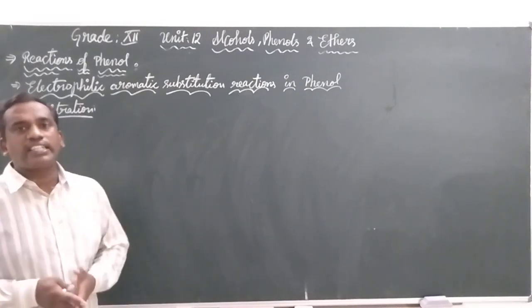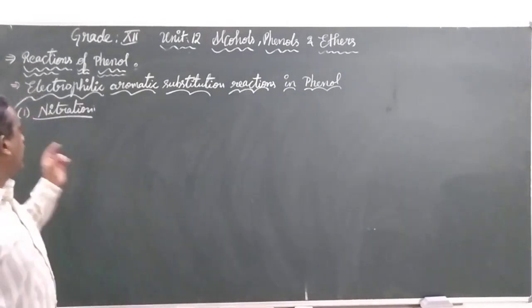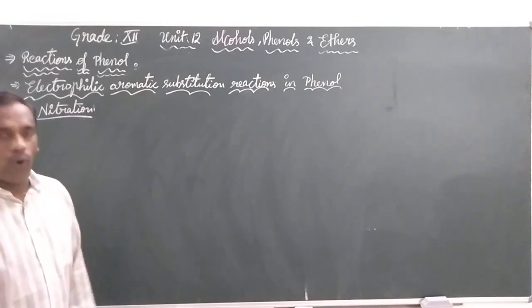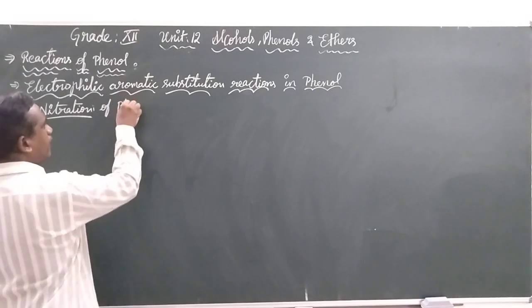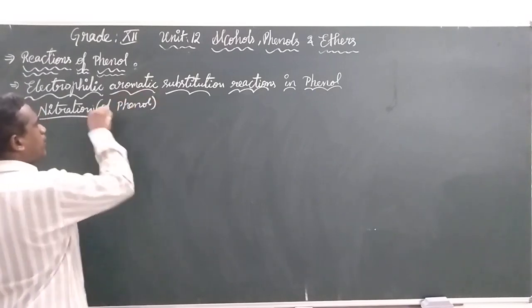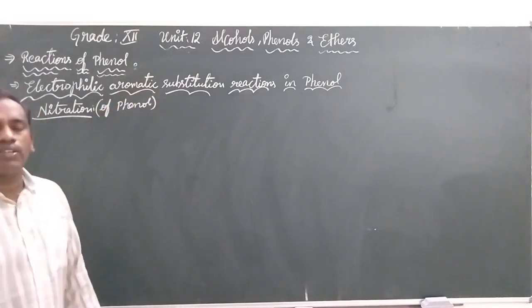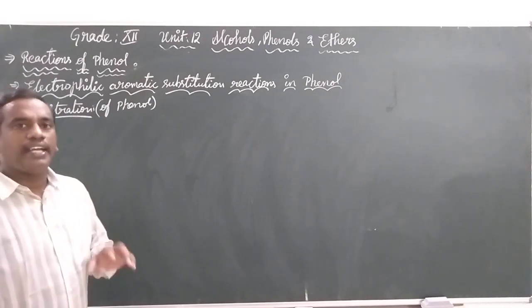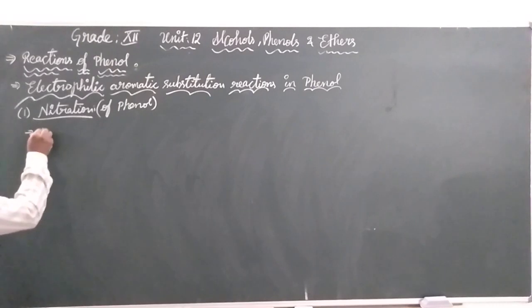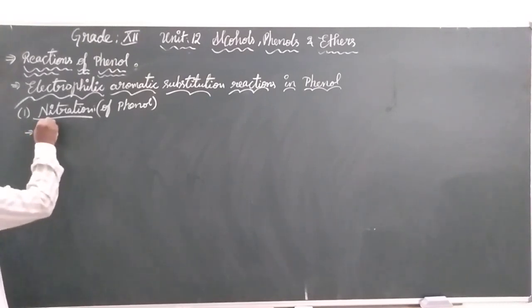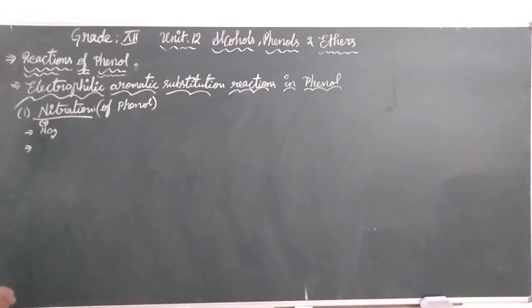The first reaction we are studying here is the nitration of phenol. Do you remember? Nitration means we want the nitronium ion. The nitronium ion can be generated from various sources.